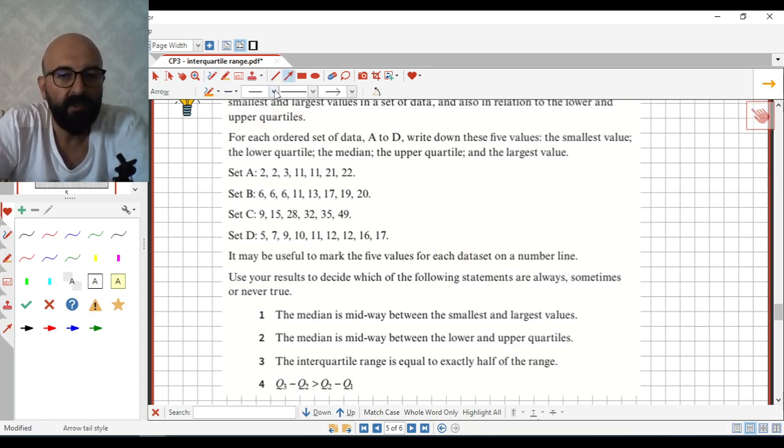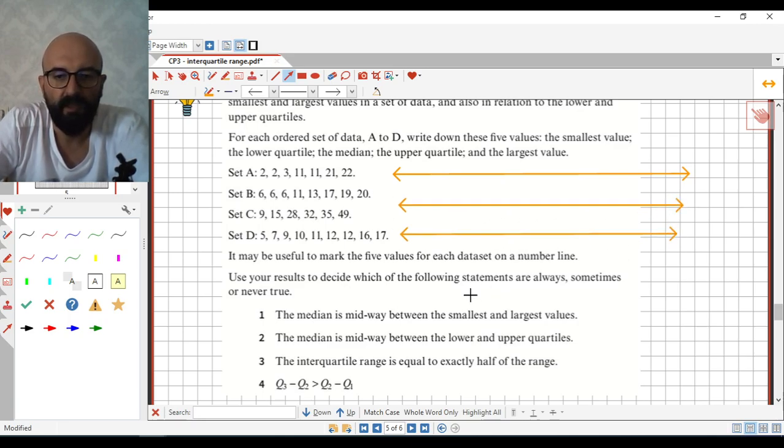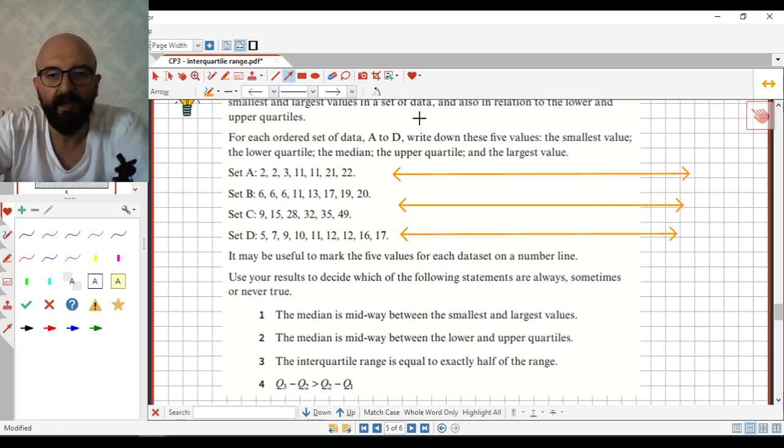Okay, now I want to draw a number line for each data set, the first one, the second one, the third one.